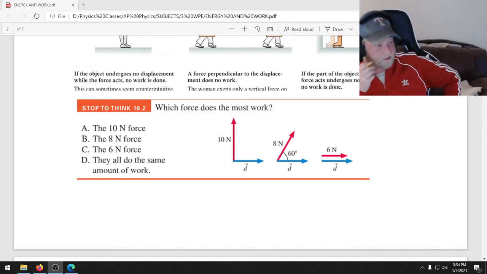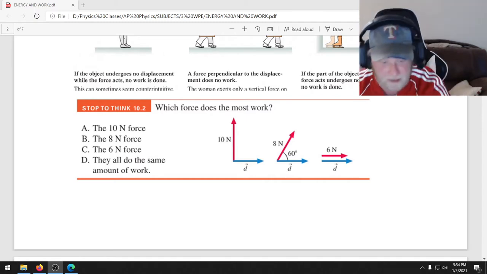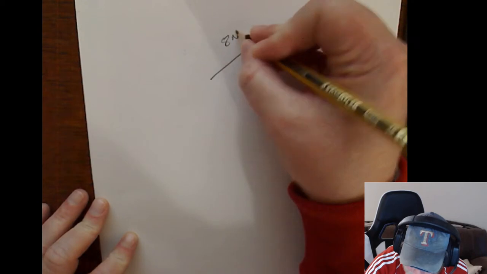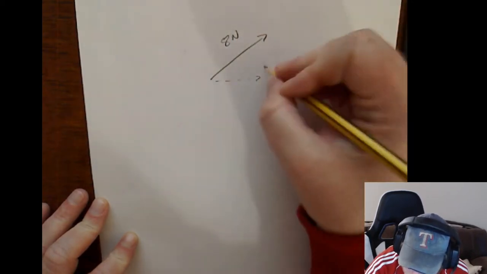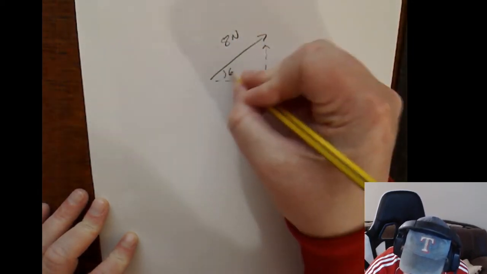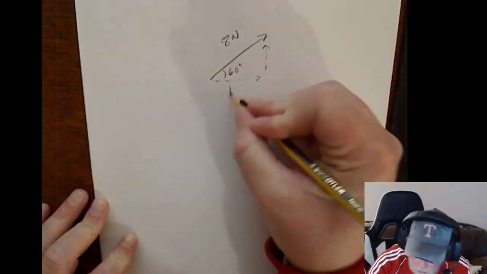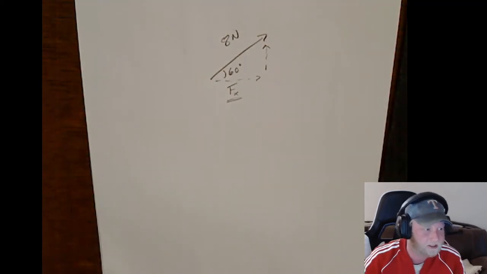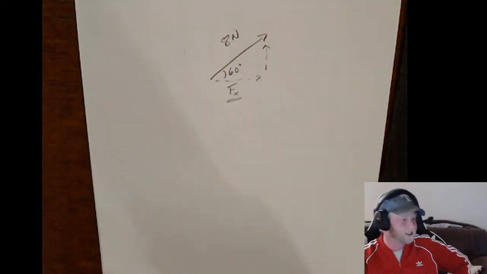Now, in the second one, we've got an 8 Newton force that is being exerted at a 60-degree angle, right? So if you take 8 newtons times the cosine of 60, you get 4 newtons worth of force that exists within that horizontal dimension. So if we were to break that force down, you'd have an 8 Newton force at an angle of 60, and only the force existing in the horizontal contributes or does any work.